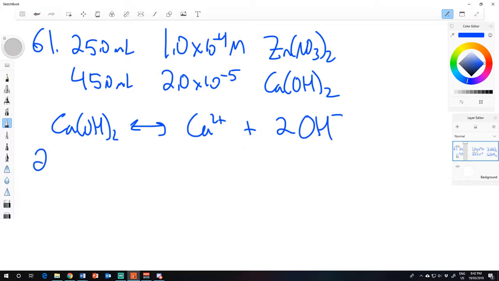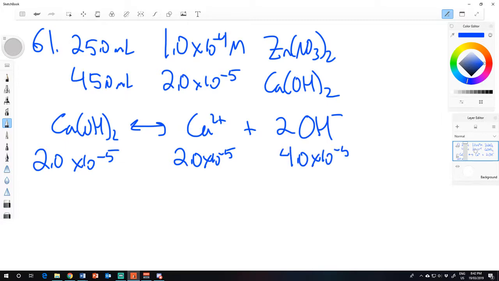I have the concentration of this, so even though we know that the calcium hydroxide is low soluble, it will still dissolve appropriately. So this will be 2.0 times 10 to the negative 5, and this will be 4.0 times 10 to the negative 5. So that's the multiplying by 2.